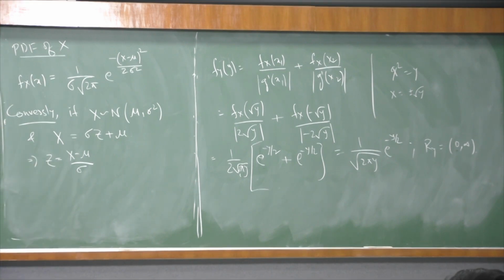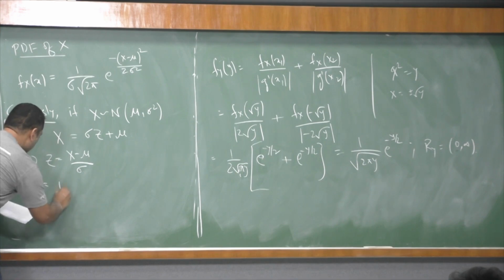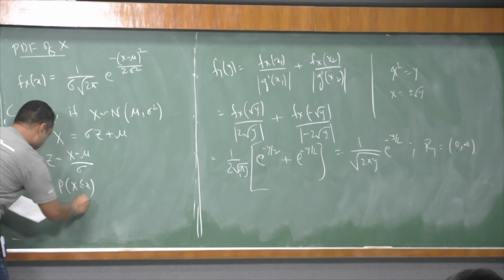Okay, so now if someone wants you to calculate the probability value for the normal, then I want to use the standard normal, right? Because there I have the phi function to calculate. So if I am supposed to find, let us say, the CDF of x, this is the probability that X is less than or equal to x.